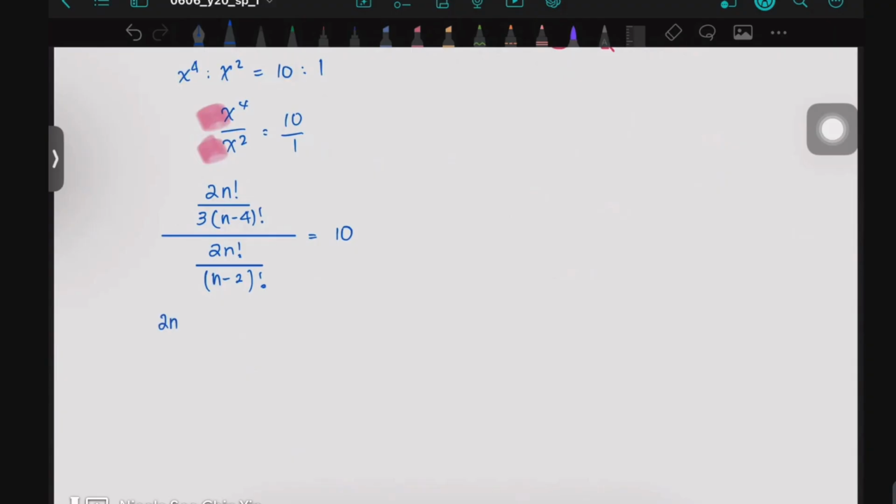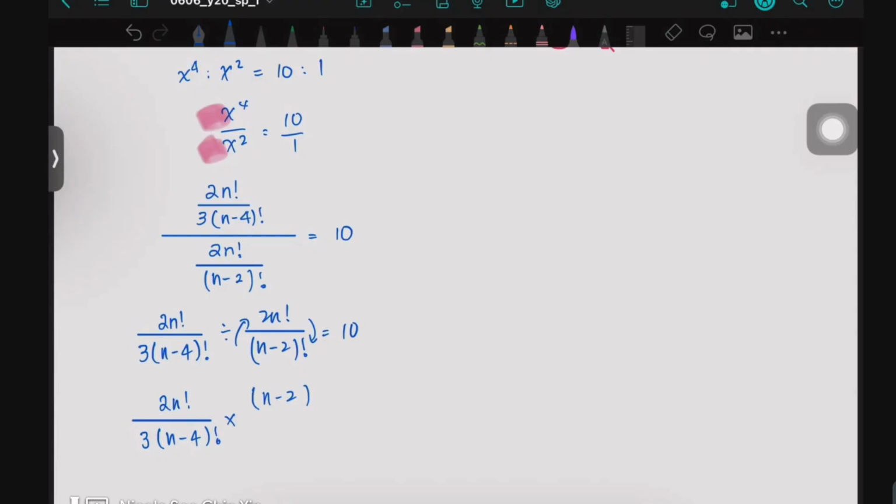I will get 2n factorial over 3(n minus 4) factorial, multiplied by the flip, because I'm dividing by 2n factorial over (n minus 2) factorial, equals 10. So I flip: 2n factorial over 3(n minus 4) factorial multiplied by (n minus 2) factorial over 2n factorial equals 10. Cancel, get 1 and 1.